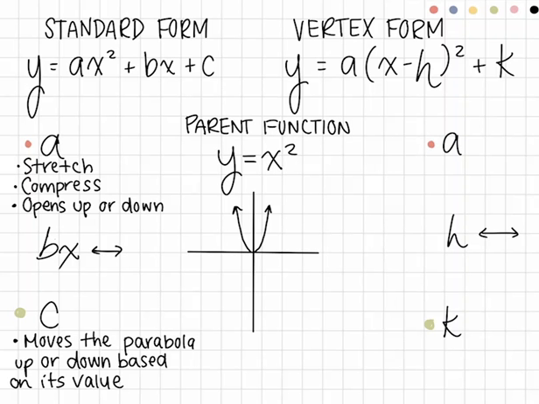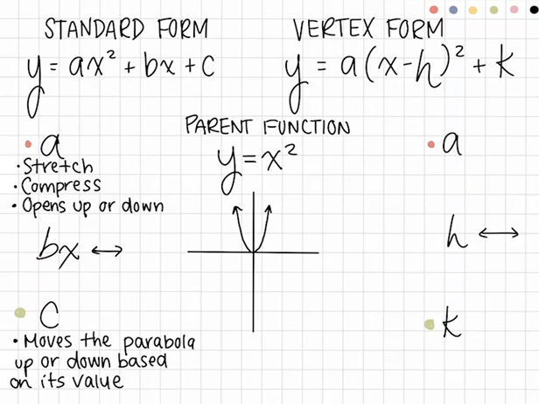You would actually have to switch to vertex form to find out exactly by how many units the graph is translating left and right. So yes, they both impact the graph in regards to the way it moves left and right, but the number would not be exact.